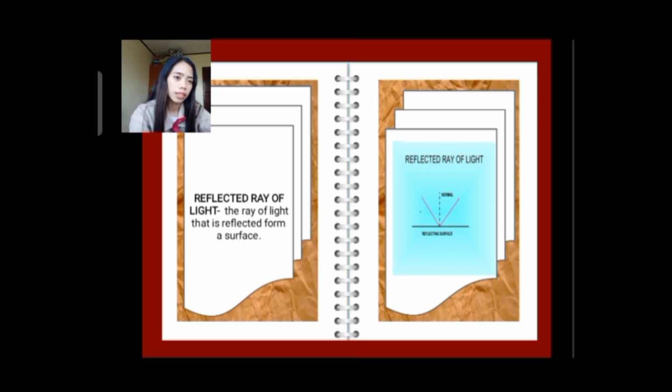Reflected light is the incident ray bouncing back in the same medium after striking the reflecting surface. It is a ray of light or another form of radiant energy that is thrown back from a non-permeable or non-absorbing surface. So that is the reflected ray of light.